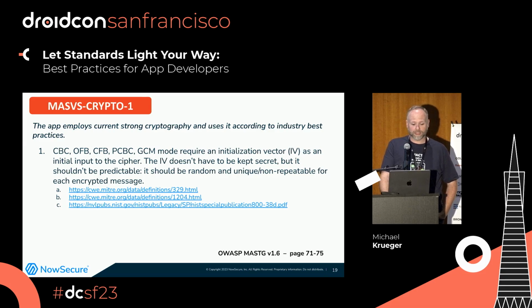And in cryptographic modes such as CBC, GCM, those are common ones, if you don't have an initialization vector, or if it's even predictable, then it essentially reduces the overall security of the cryptographic routine to one that's considered weak or broken right now.